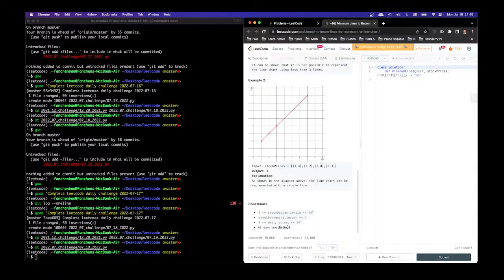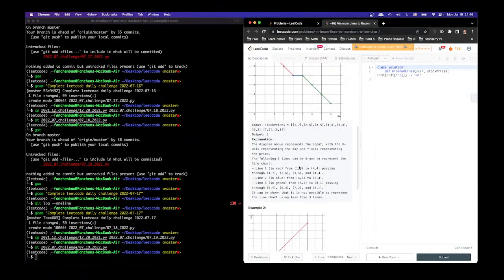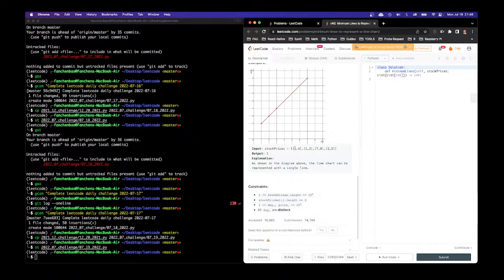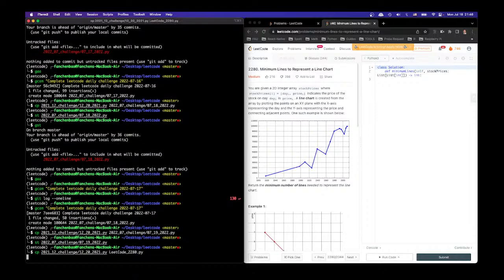Days are distinct, okay. Are the days always increasing? No, look at this. It starts with 3, 4, so we have to sort based on the first, right? The first is the day. Okay.